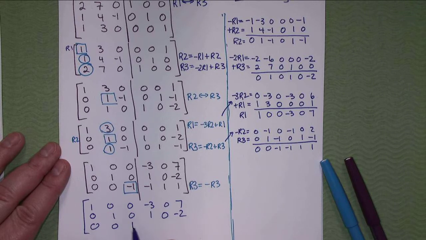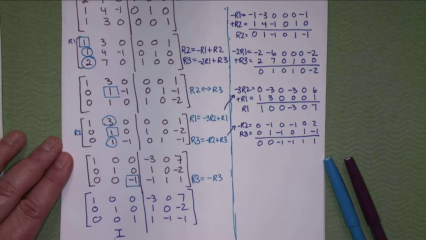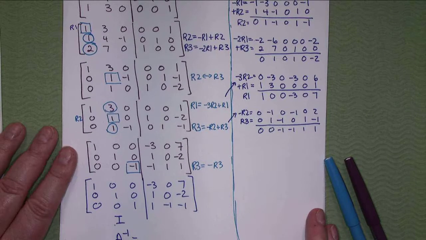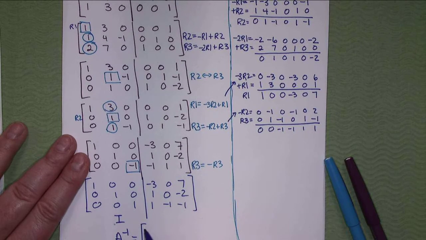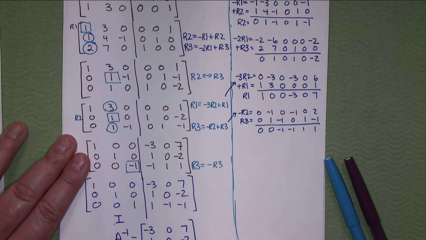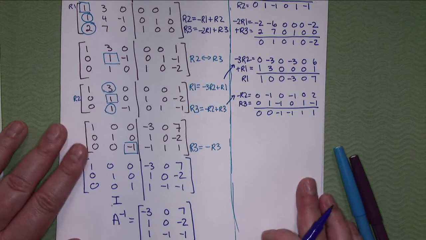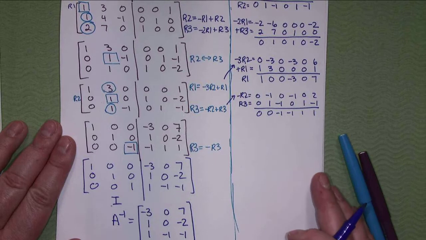And then this is I, so A inverse is... okay, so we write A inverse from here, and then check it.